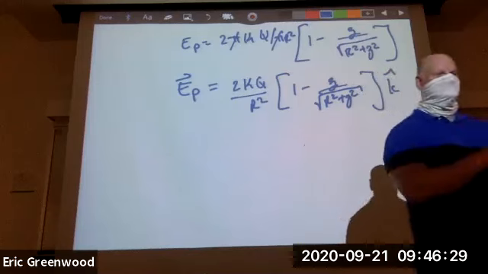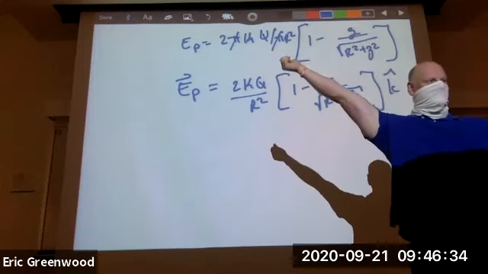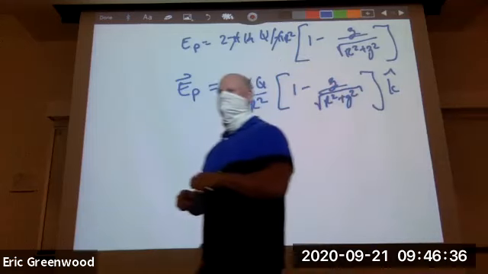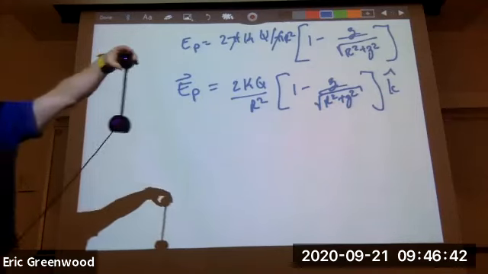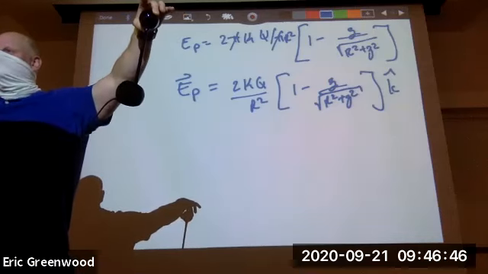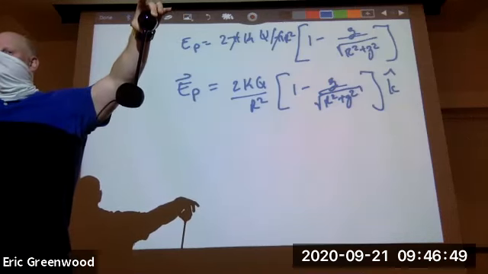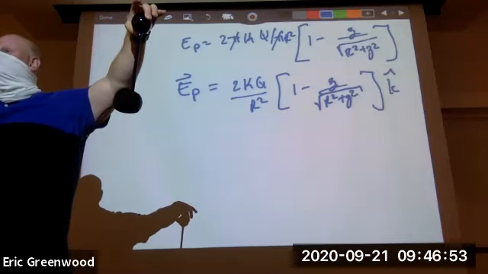Now the first thing is, if I have any object and I get very far away from that object, what should that object look like? Meaning if I found the electric field from this, but I got very, very far away from this object, what should it look like? What does the Earth look like very far away from it?